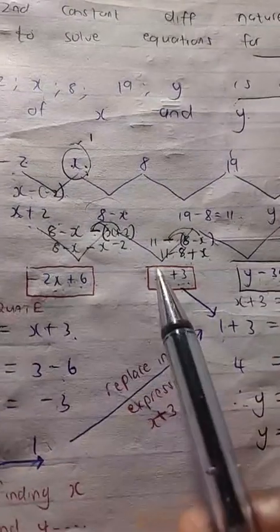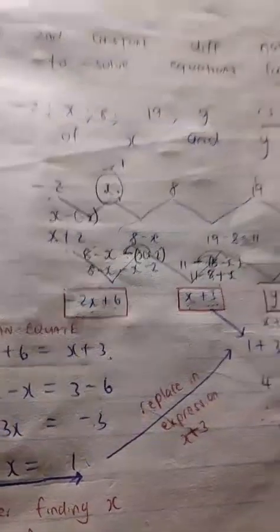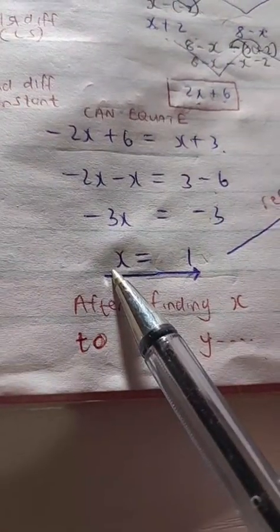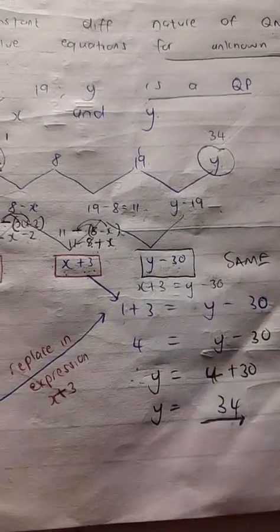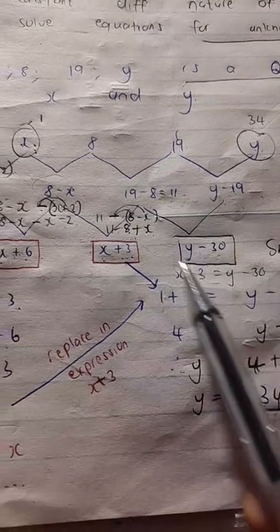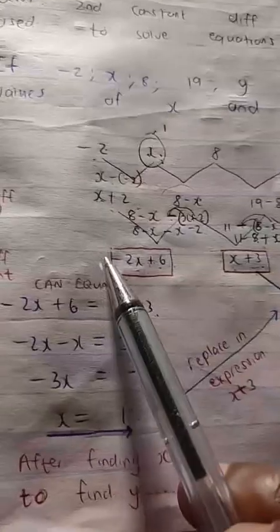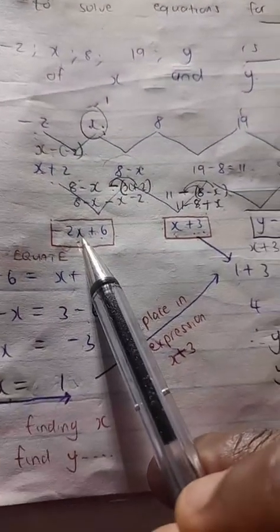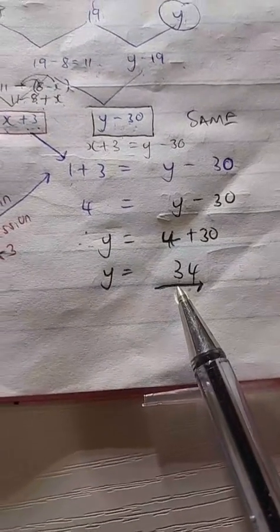But we equate those expressions that have the same variable first so that we can get an unknown first easily, like we did with x, because we couldn't get y first. Then we use what we've gotten to find what we don't know, which is the other variable, by taking that expression and equating it with another one. Remember, y minus 30, if we wanted to, we could have equated it with negative 2x plus 6. Substituting in the place of x the value of 1, we would still have arrived at the same answer. All right?